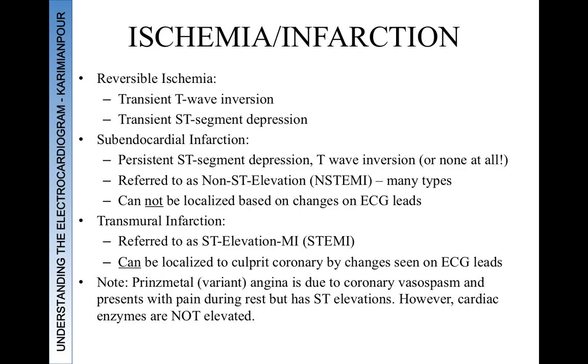You need to know that a STEMI is an acute plaque rupture: a clot forms once the plaque ruptures. It's unstable, a clot forms on top of it and acutely thromboses off the vessel and causes myocardial infarction. Again, ST elevations can be localized to the culprit coronary artery, typically on the ECG.